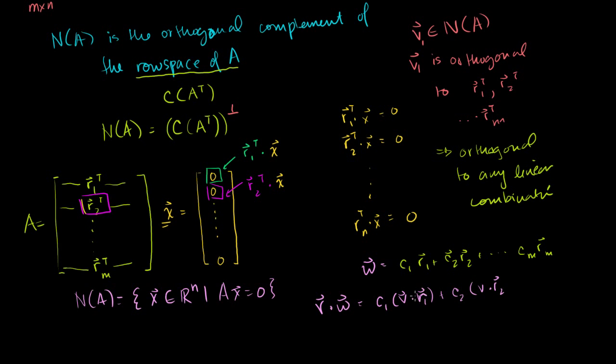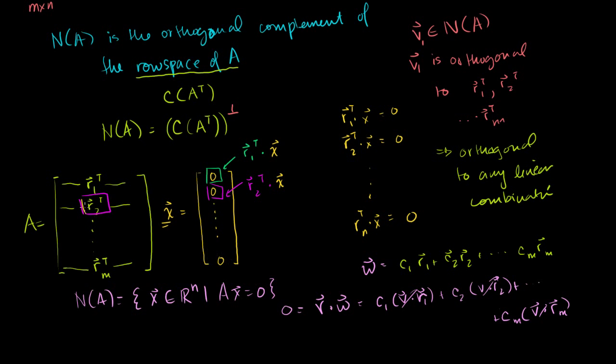This is an R right here, not a V. Plus all the way to Cm times V dot Rm. And we already just said that V dot each of these R's is equal to 0. So all of these are equal to 0, so this whole expression is equal to 0.